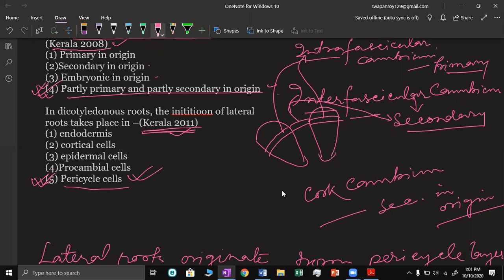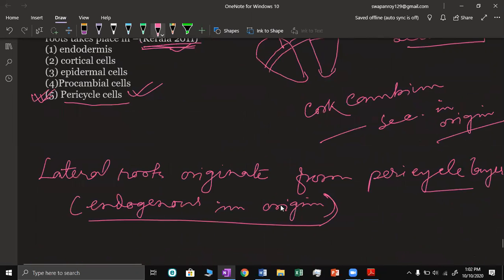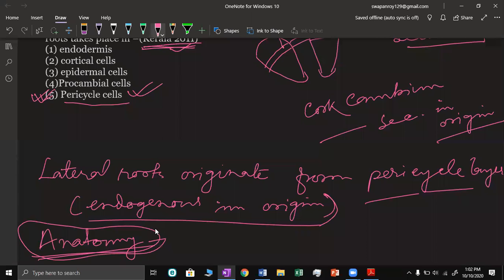So this is all about the anatomy portion. Anatomy is completed. Now you can practice more from your practice book.